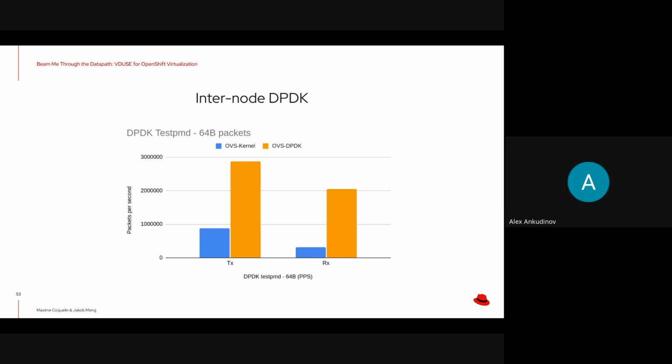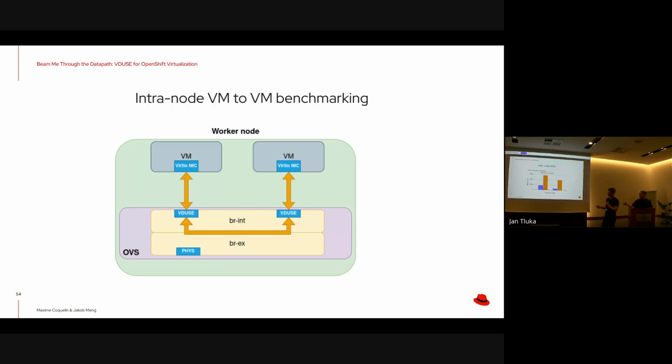I have one more question. Going back to IRQs and reducing IRQs, you were talking about IRQs in the virtual machine kernel, right? Yes, the IRQs that the virtio-net device driver within the guest receives.